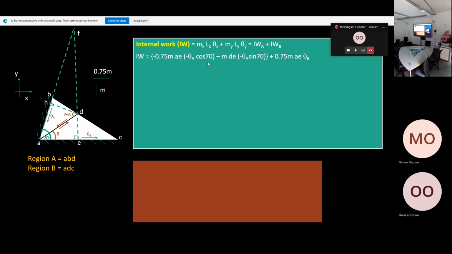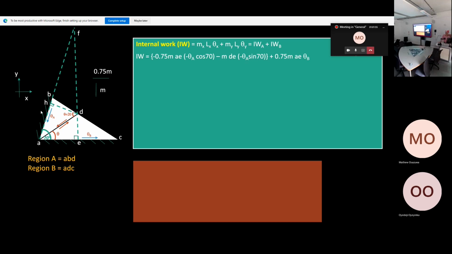Hello, sir. Yes. What are you using to multiply cos 70? Is it theta A? Yeah. This is the projection of this vector on the x-axis. So you have theta A cos 70 because this angle, you have 70 here. So alternate angles. If you draw a horizontal line here, you've got 70.